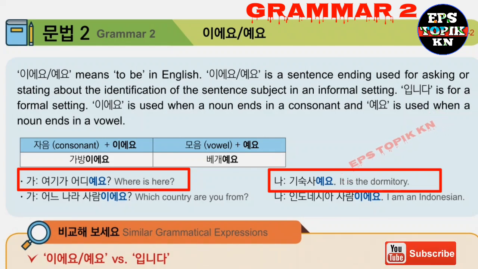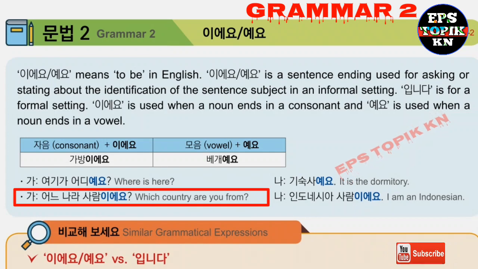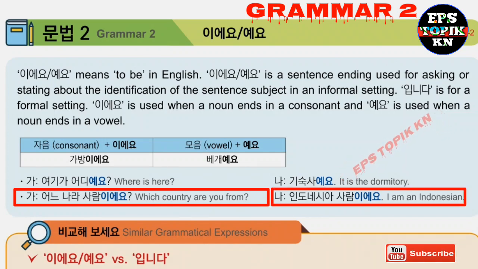Let's hear another conversation example. 어느 나라 사람이에요? 인도네시아 사람이에요. Which country are you from? I am an Indonesian. Again, we ask the question, 사람. And the final sound is a consonant, so we added 이에요.